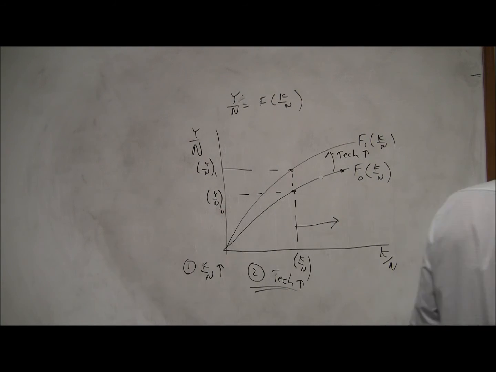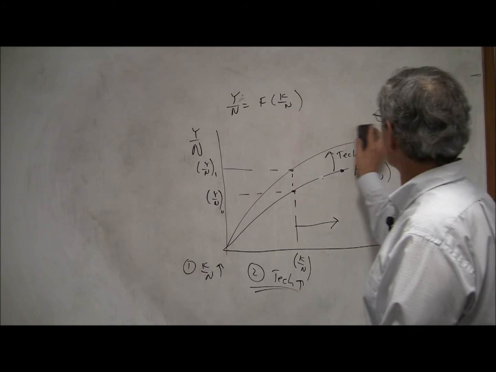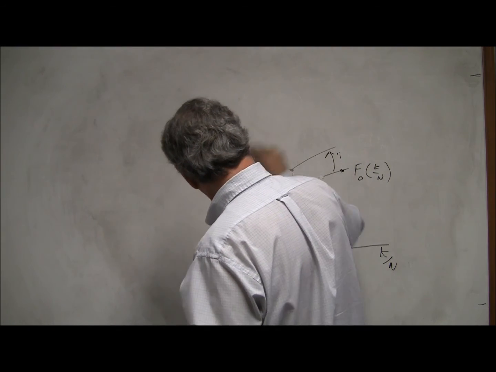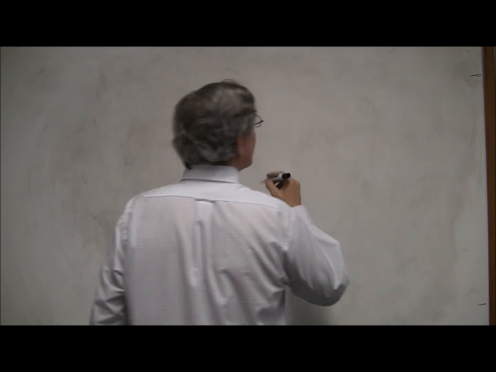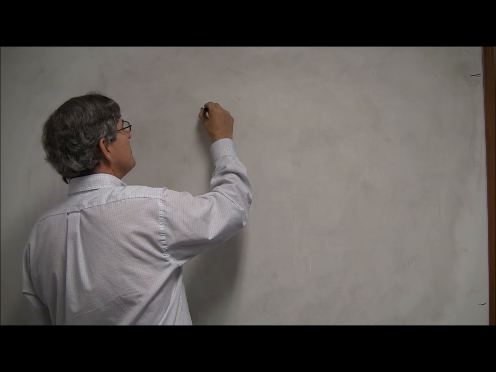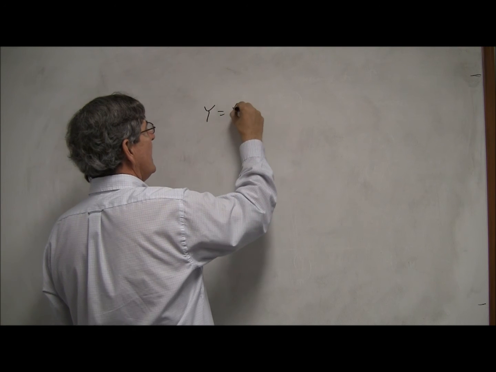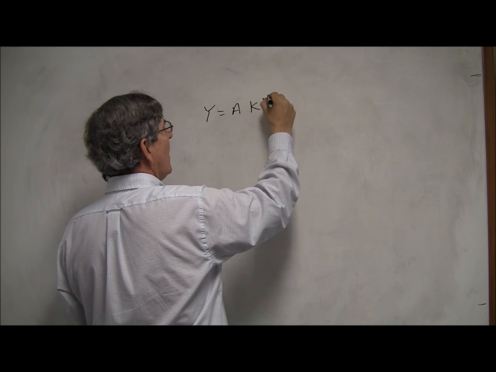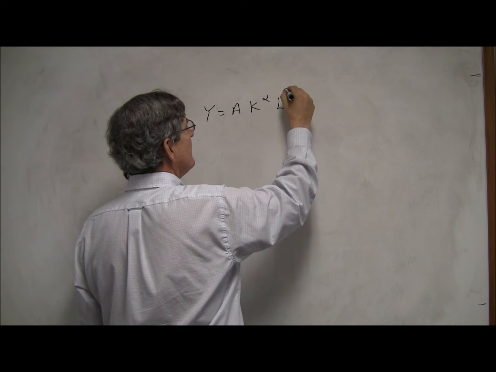Let me just play around with the Cobb-Douglas a little bit, do a little bit of algebra, and show you some of these ideas. So the Cobb-Douglas in general is Y equals A K to the alpha, L to the beta.